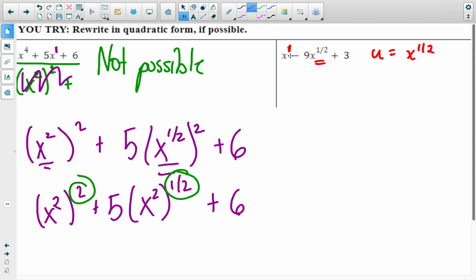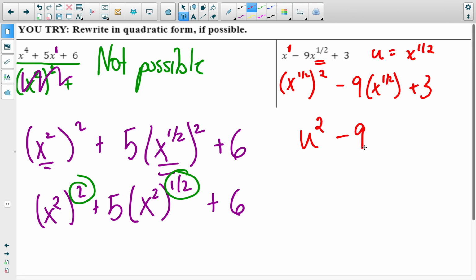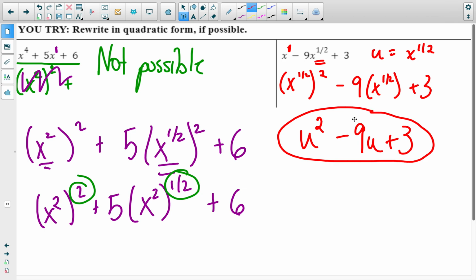Then we could rewrite this as x to the 1/2 squared minus 9 times x to the 1/2 plus 3, meaning we could end up with u squared minus 9u plus 3. I'm using the letter u because u substitution is something that happens a lot later in calculus and in pre-calculus, in equations such as these.